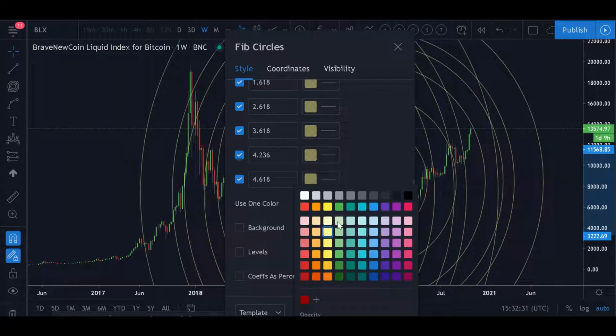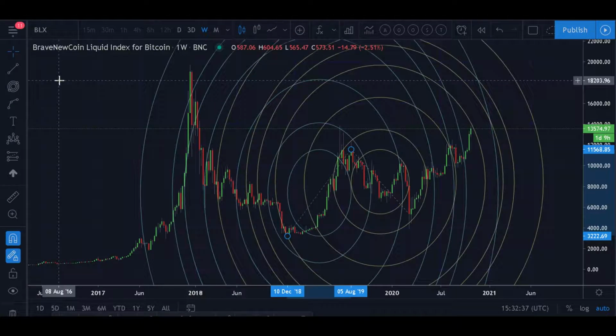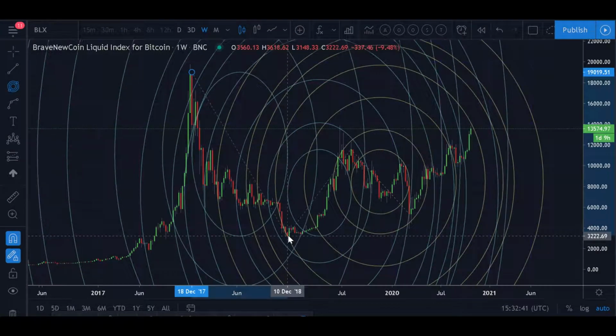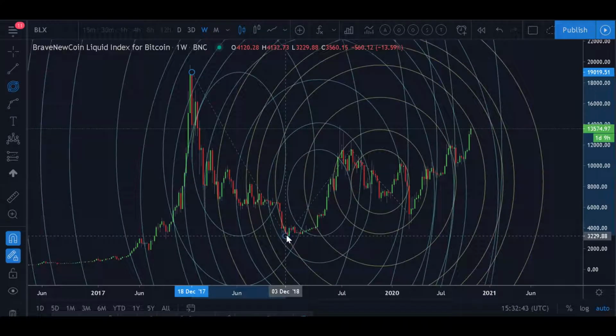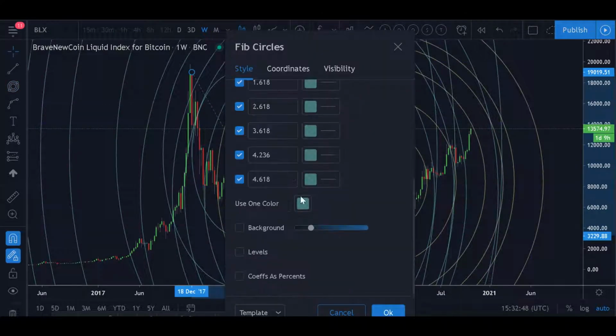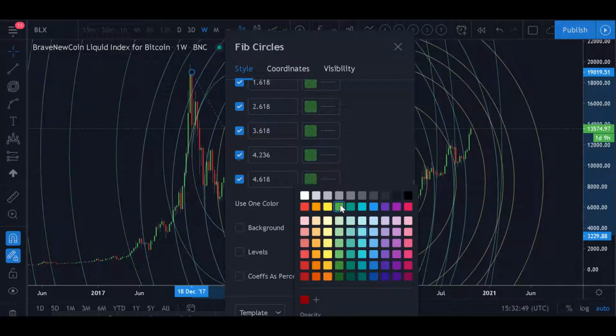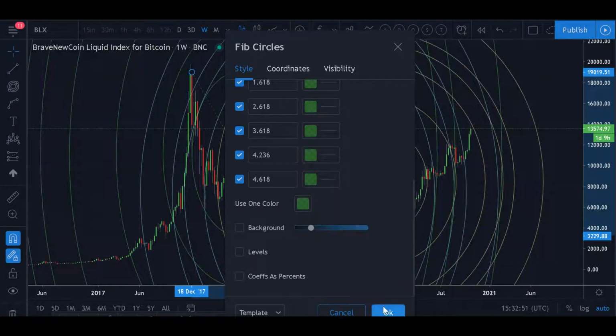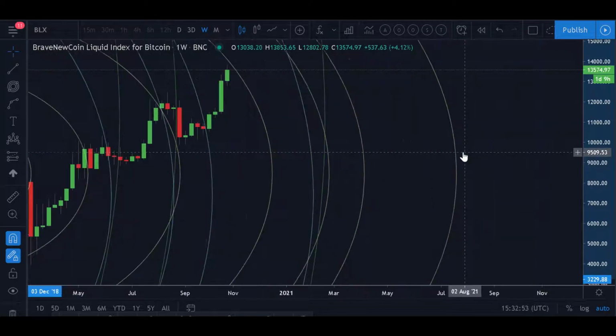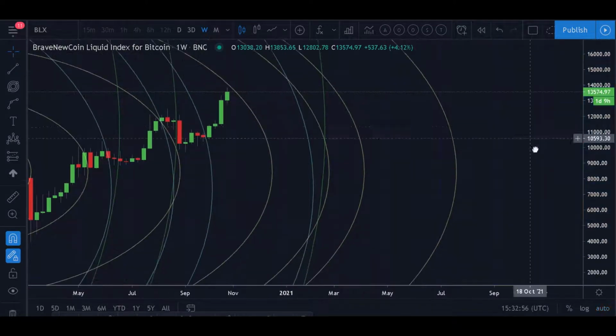For the previous one, let's go with a light blue, and then for the big green one, the big trend, let's go with a green so we can see what's going on. So there we go. So we sort of are able to predict a pattern now.